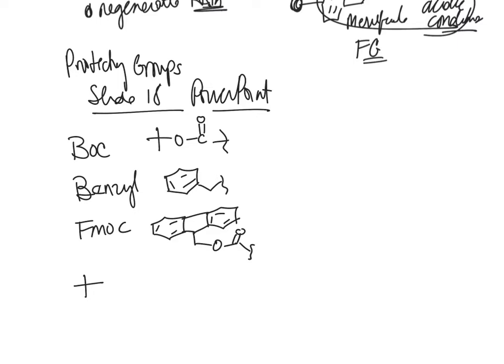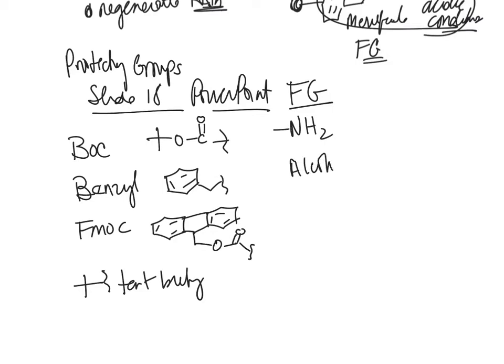So what is the functional group that each of these protects? The Boc will protect an amine. The benzyl will protect alcohols. The Fmoc will protect amines. And tert-butyl will protect alcohols.